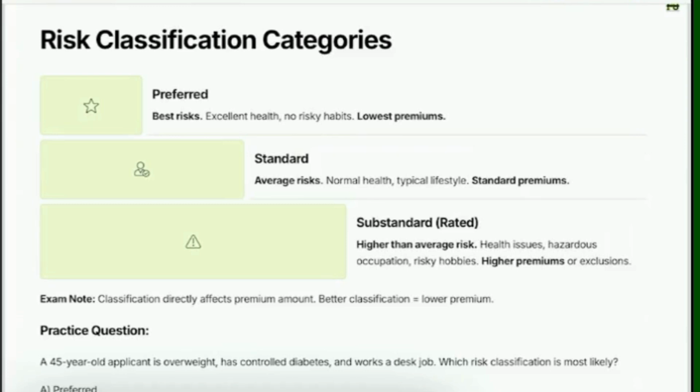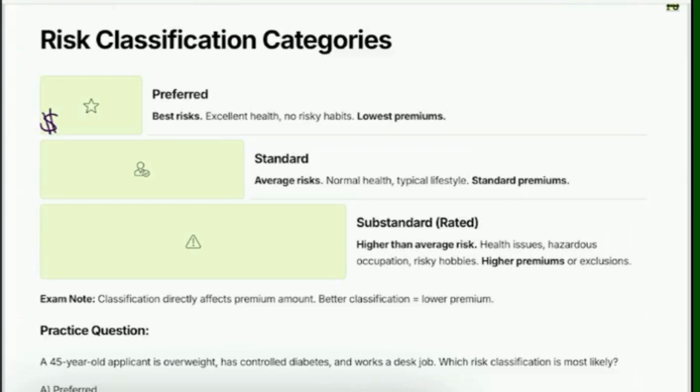Okay. Preferred is your best risk, excellent health, no risky habits, lowest premium. Standard is average, right? Preferred is going to be like your very, very, very healthy athletes, people that run marathons, things like that. Incredible blood work and never eat sugar, right?